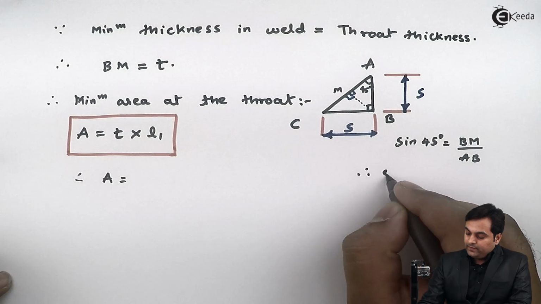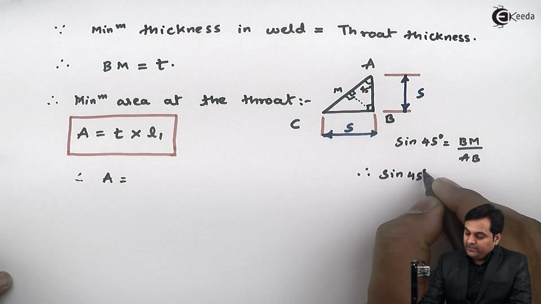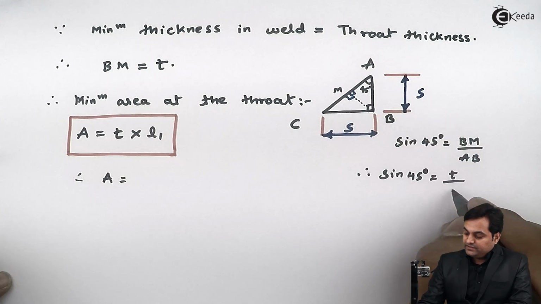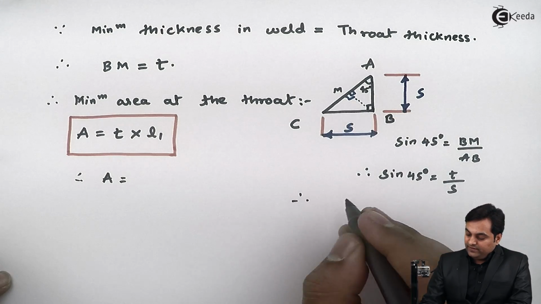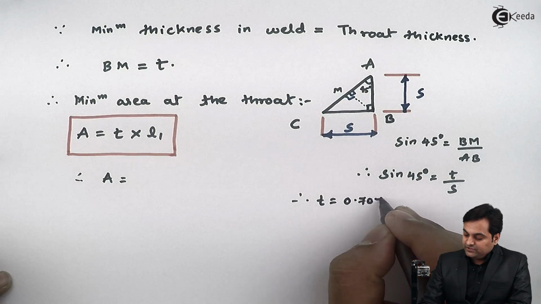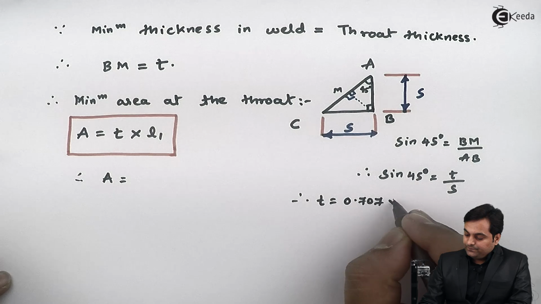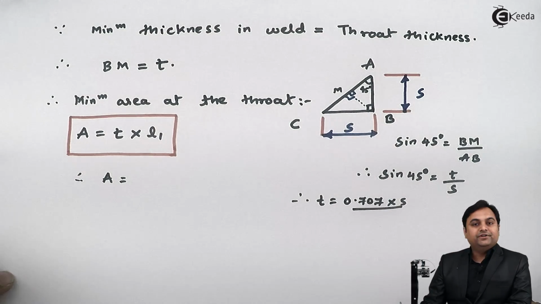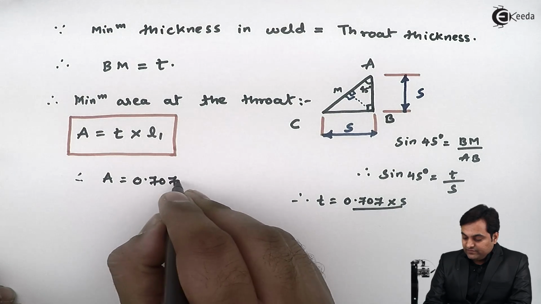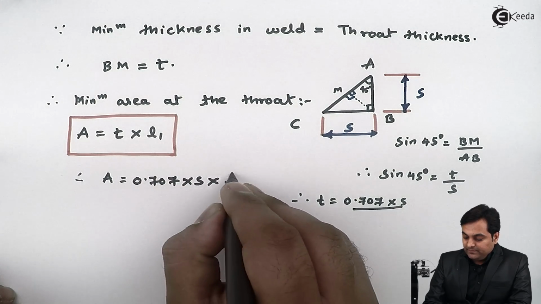So sine 45 will be equal to BM is T, AB is S. Therefore T is equal to sine 45, which is 0.707 into S. This is the value of throat thickness. So the area is 0.707 into S multiplied by L1.